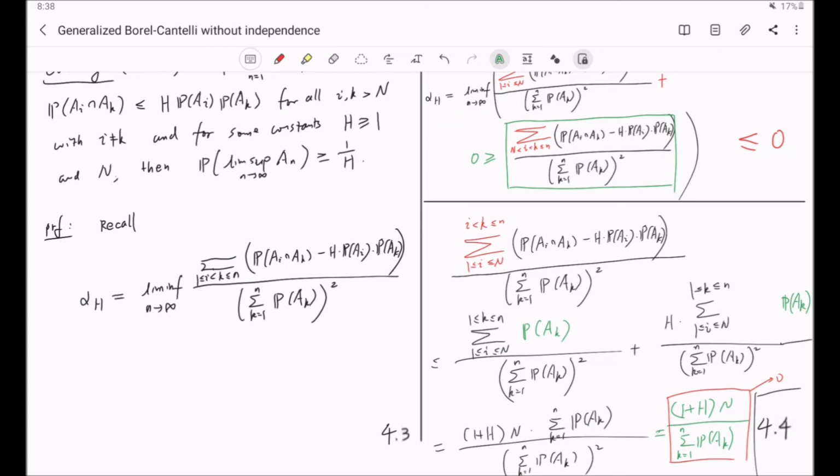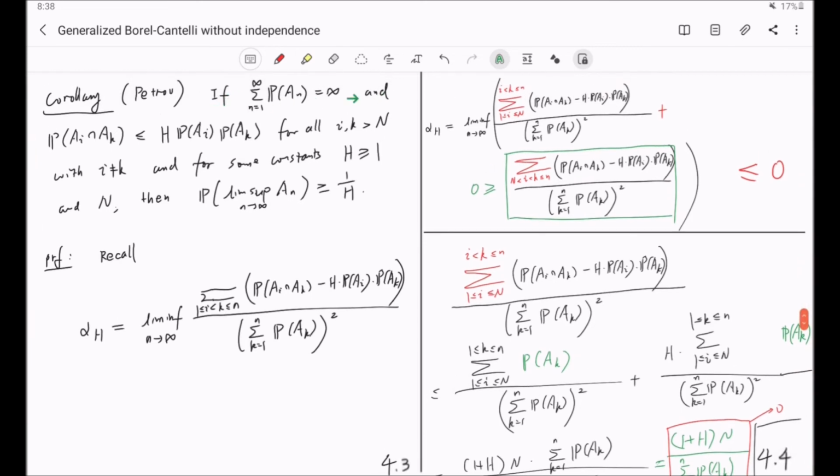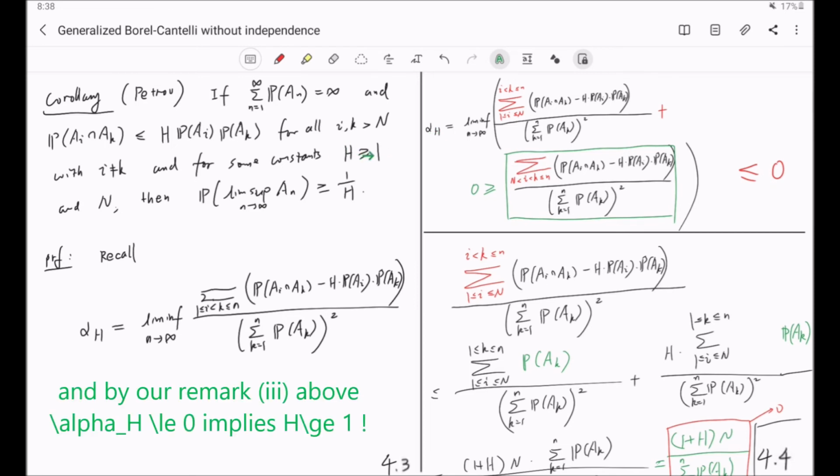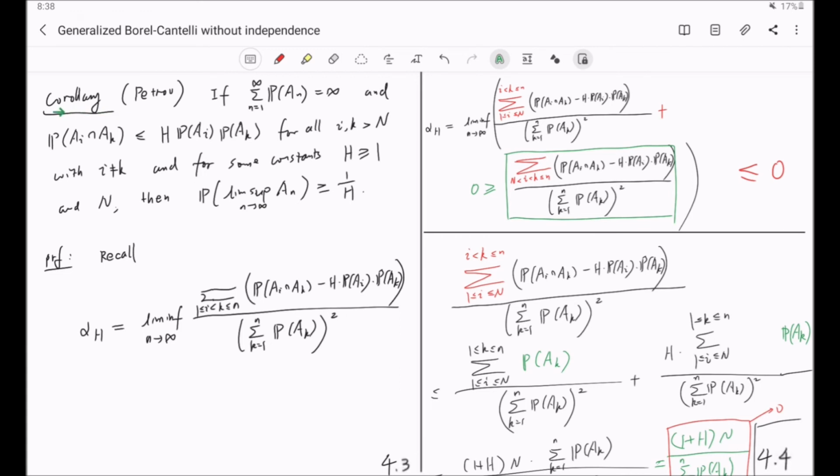It turns out that from here, we do not need the assumption that h is greater or equal to 1. That h is greater or equal to 1 automatically follows from the assumption before it, which implies, by our argument, that outside h is less than or equal to 0. So it seems to be redundant to assume h is greater or equal to 1 for this corollary.